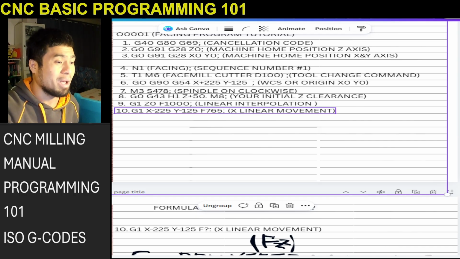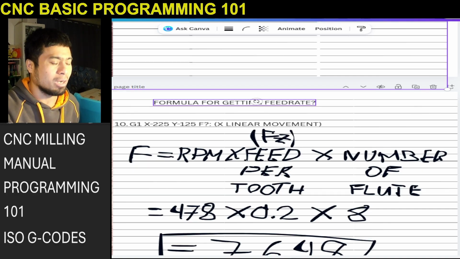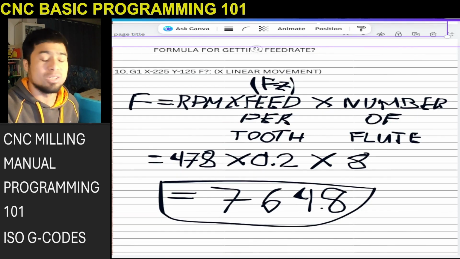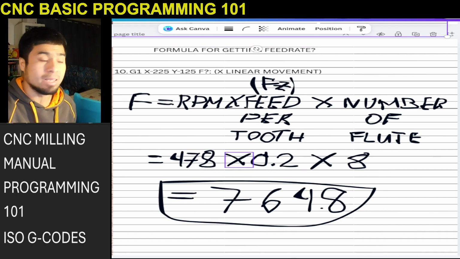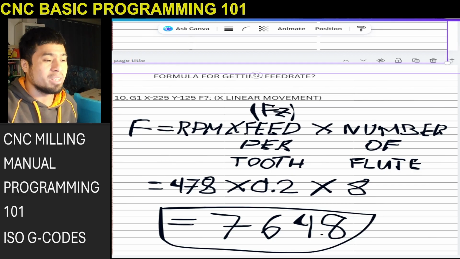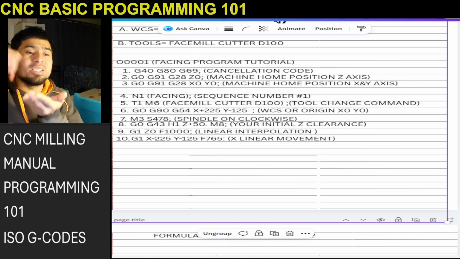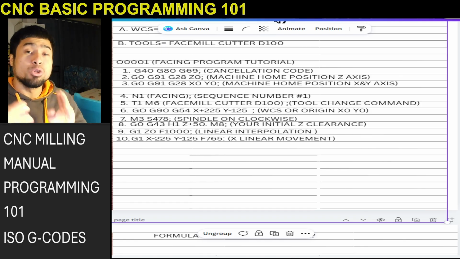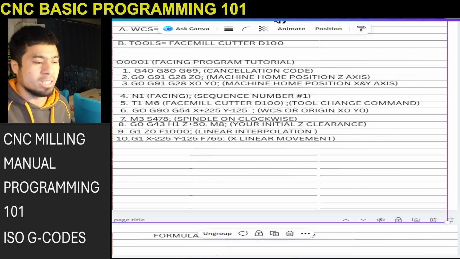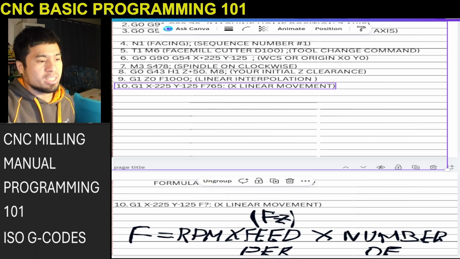Feed 765, because we use this formula or calculation to get the right feed rate for your specific cutting tool, which is your face mill diameter 100 with 478 RPM, which is your M3 here, with 8 sides or 8 inserts on it, and the manufacturer recommendation, which is 0.2 feed per tooth that we use in this tutorial. That's why we get that result, which is 765.